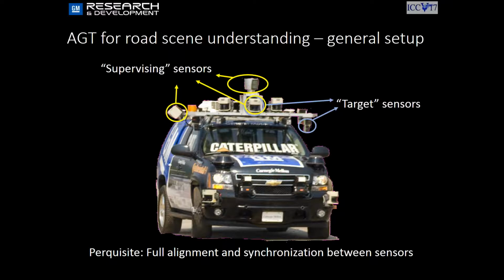We have the target sensors, which are the sensors that will be used in production for the detection, the perception, and there are the supervising sensors, which are used only offline in order to generate training data. The first prerequisite is to have full alignment and synchronization between the sensors. I will also say that the more co-located the sensors are, the better the results of this entire process will be, because there will be fewer areas in the world that are seen by one sensor and not by the other.